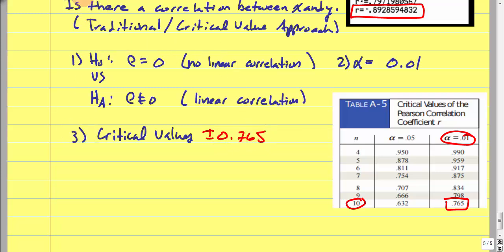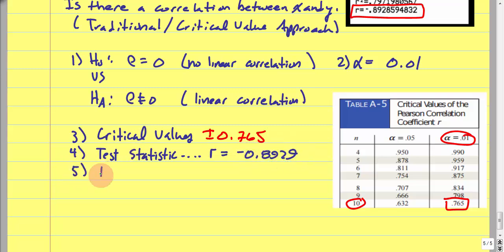Okay, now next I calculate the value for my test statistic. Now for the critical value approach, my test statistic is just my R value. And my R value is negative 0.8929.